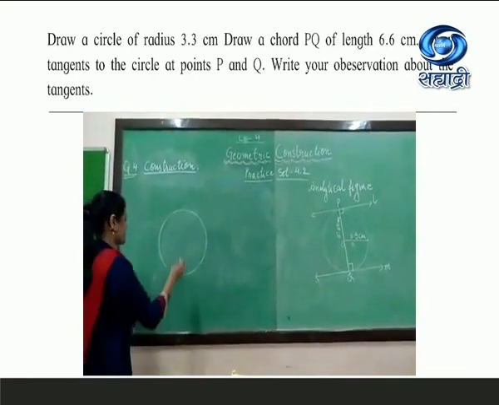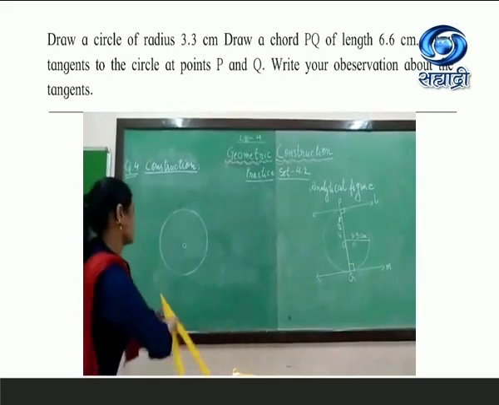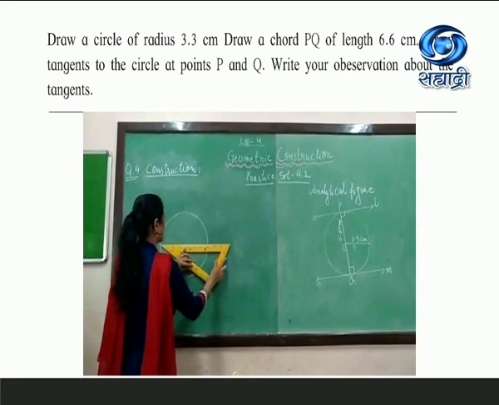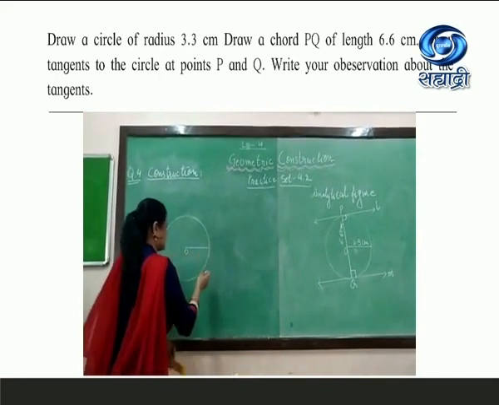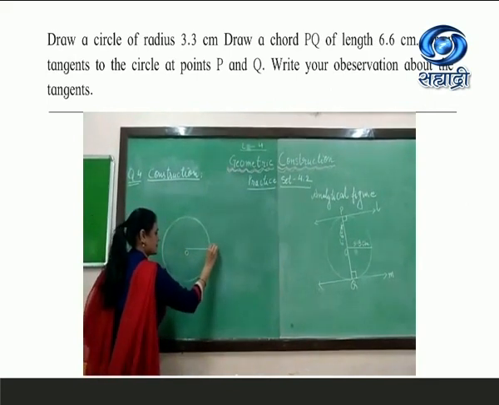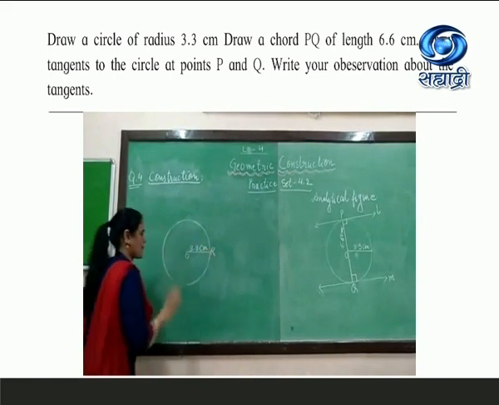Draw chord PQ of length 6.6 centimeters. Draw tangents to the circle at points P and Q. Write your observation about the tangents. Read the question properly. Draw a circle of radius 3.3 centimeters properly.